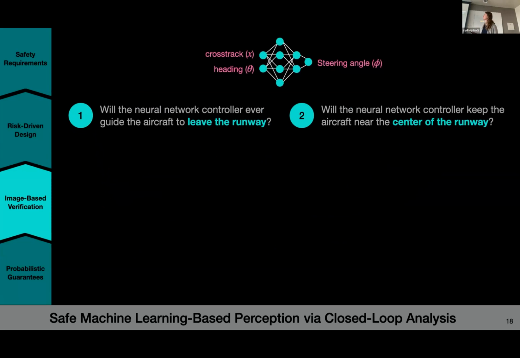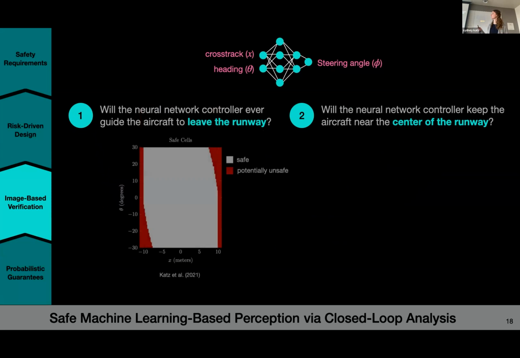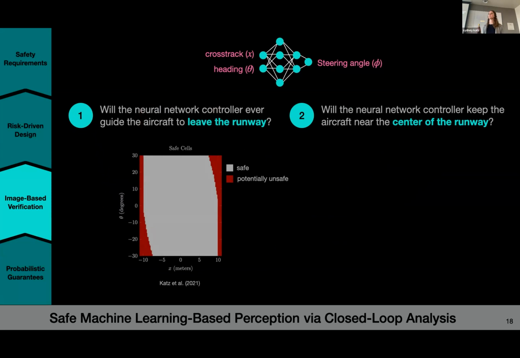And it turns out that using these state-based neural network verification techniques that I talked about previously, we can actually answer both of these questions for our state-based neural network controller. So to answer the first question, we can use the method I discussed for generating probabilistic safety guarantees to determine an over-approximated probability of leaving the runway when starting from any cell in our state space.